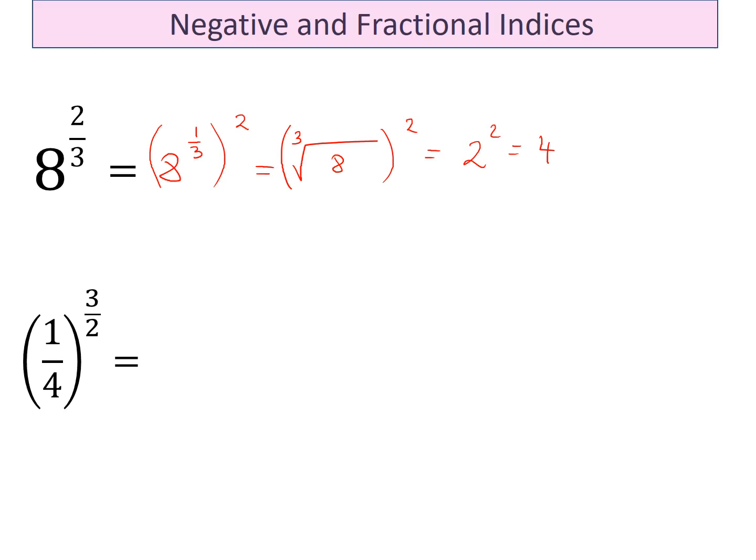In the next example, I've got a quarter to the power of 3 over 2. Again, the power of 3 over 2 needs to be split into the powers that we can use, so for example, a half and the power of 3. So I've got a quarter, and now I can raise it to the power of a half, and then to the power of 3.